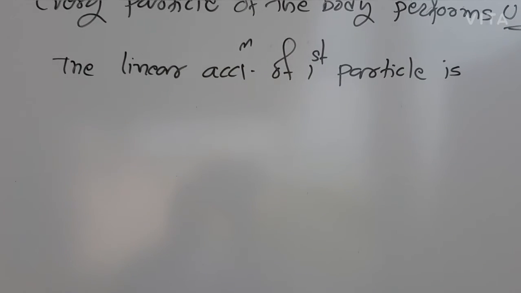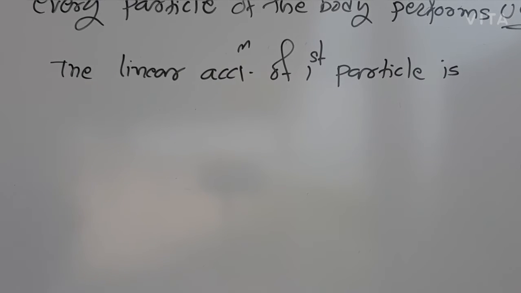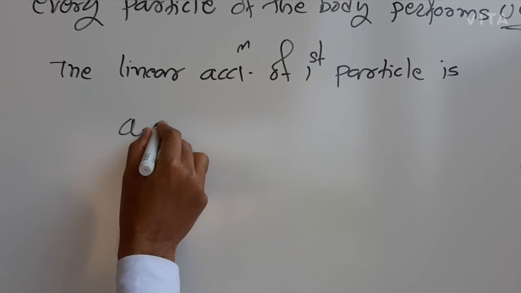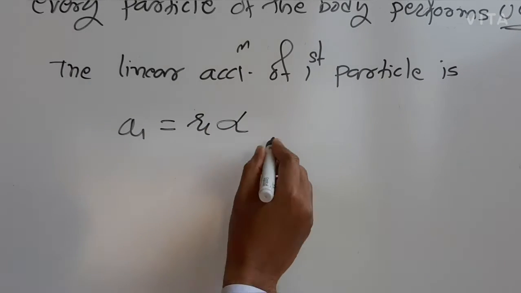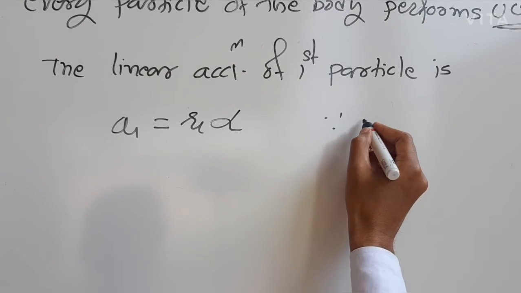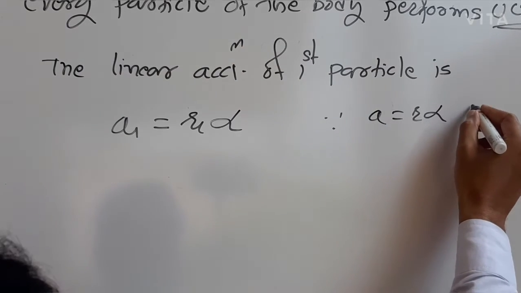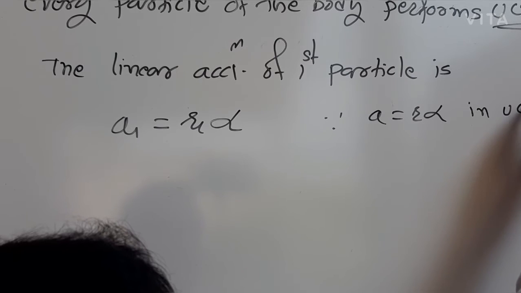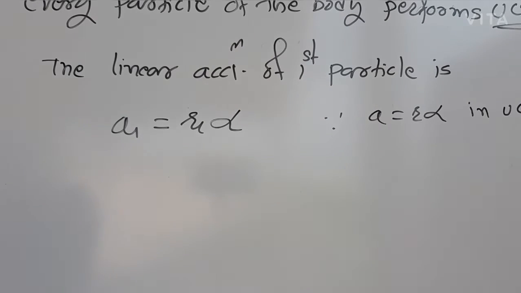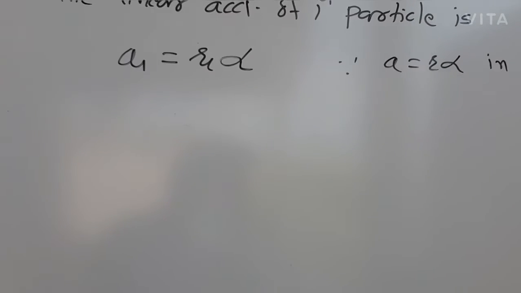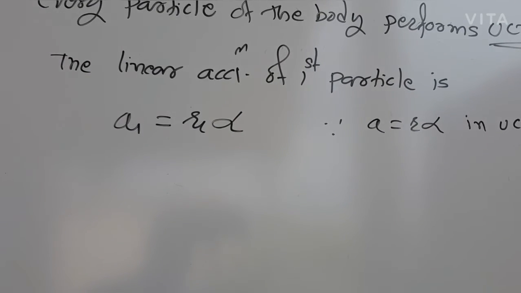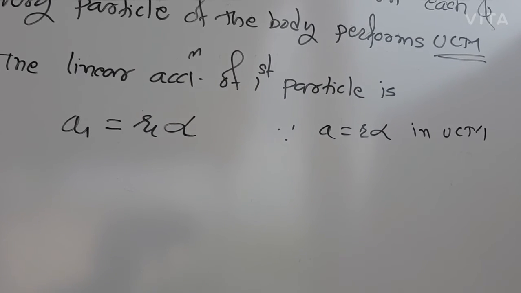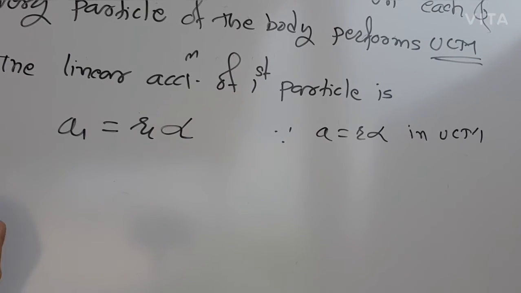See what the linear acceleration of the first particle is. A1 is equal to R1 into alpha, because in UCM we know that A is equal to R alpha. Now, from the acceleration, we are going to express the force.